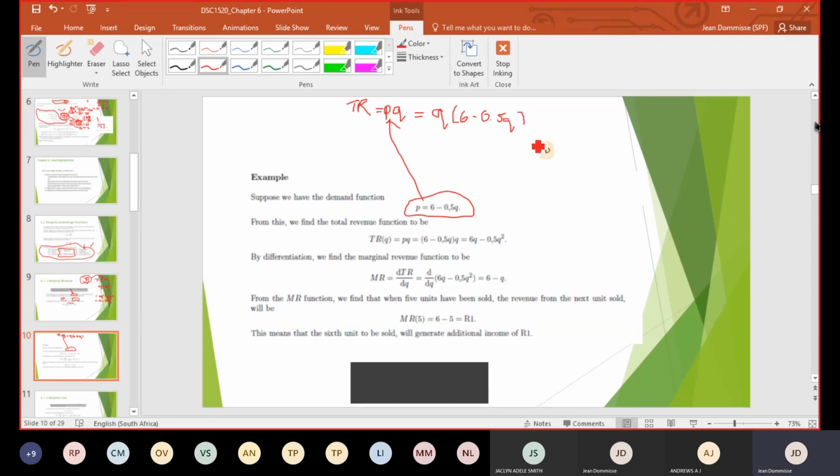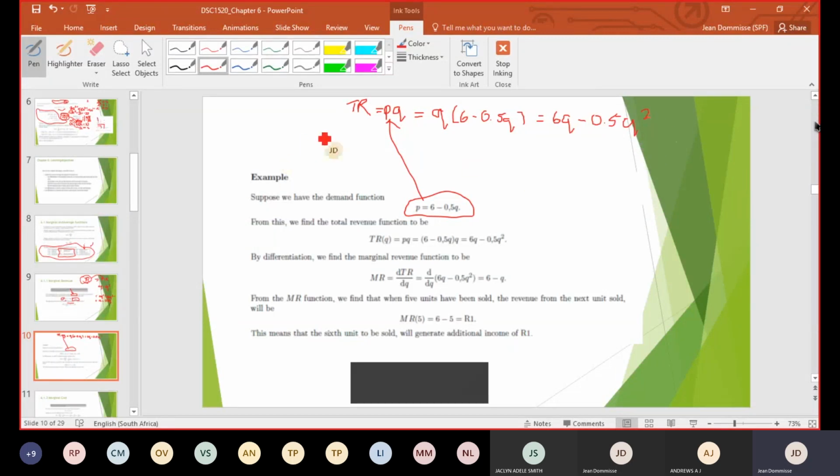Okay. So we're still busy with our total revenue function. So 6 times Q gives me 6Q. Q times minus 0.5Q basically gives me minus 0.5 Q to the power of 2.